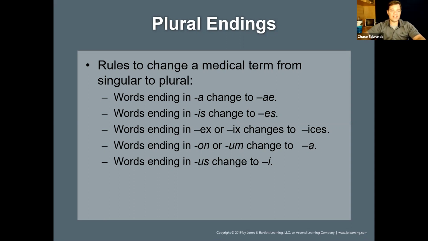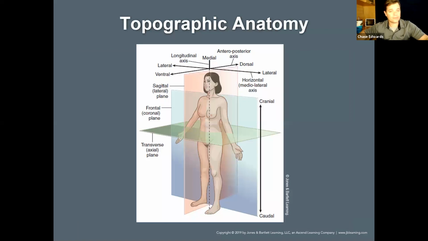Singular words ending in US change to I to become plural. So for example, bronchus now becomes bronchi, however you want to say it. Okay. Clear as mud. All right.